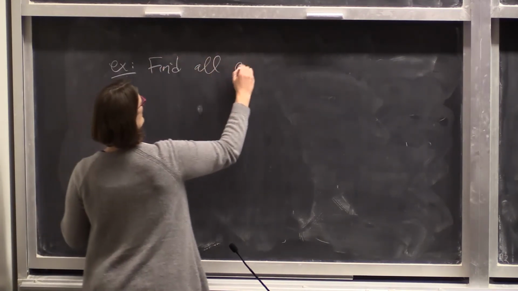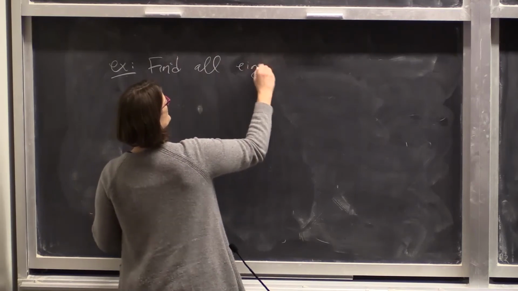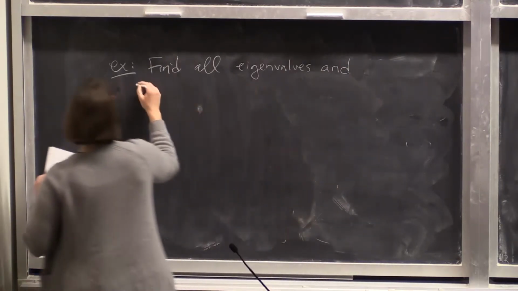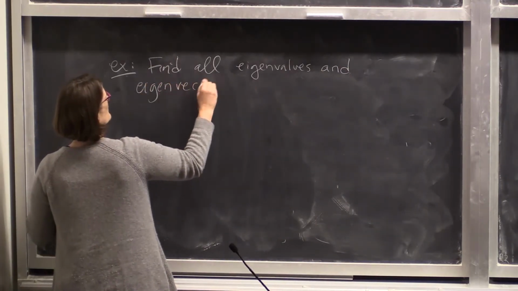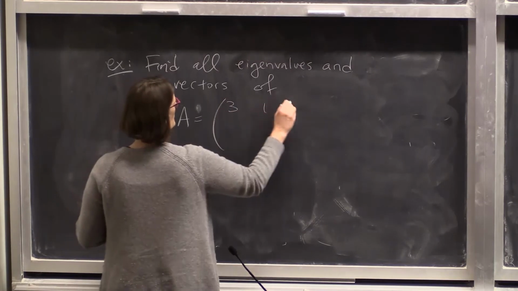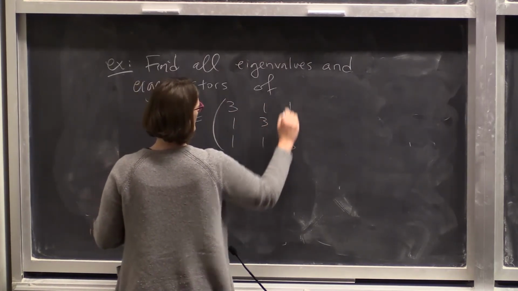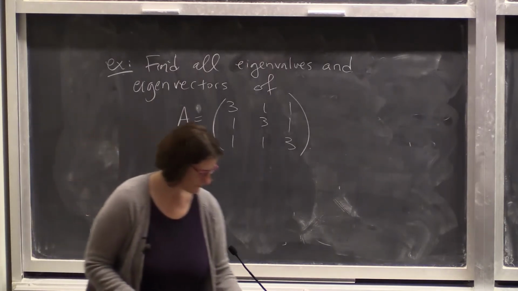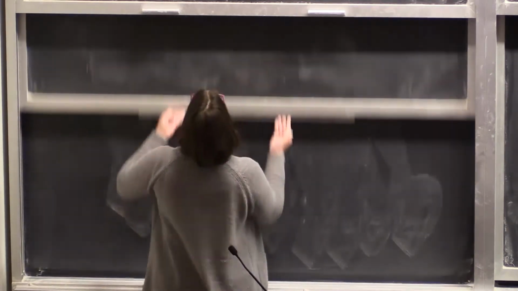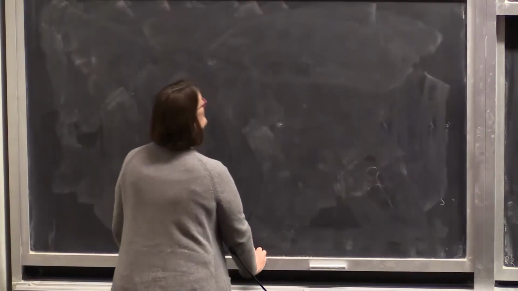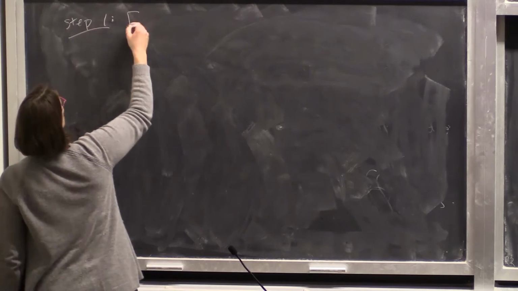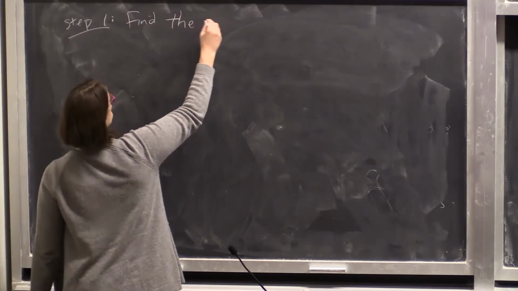Find all eigenvalues and eigenvectors of the 3 by 3 matrix 3, 1, 1, 1, 3, 1, 1, 1, 3. So step 1 is find the eigenvalues.